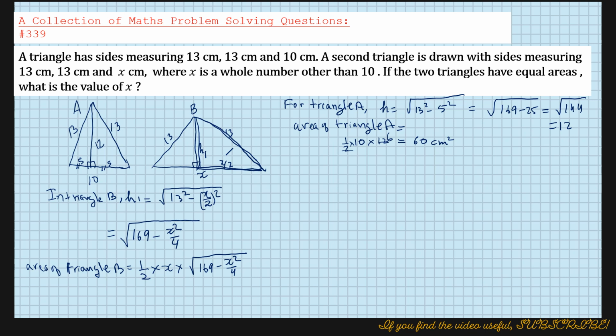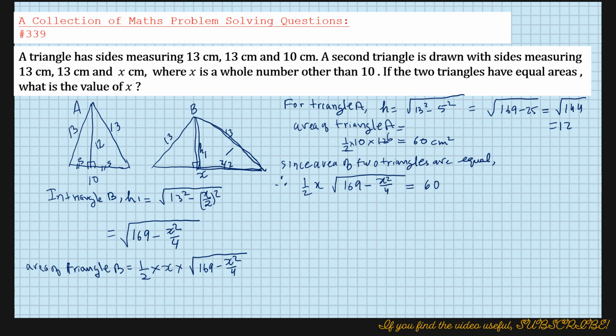Now since the areas of the two triangles are equal, we can write half x times the square root of 169 minus x squared over 4 would equal 60.